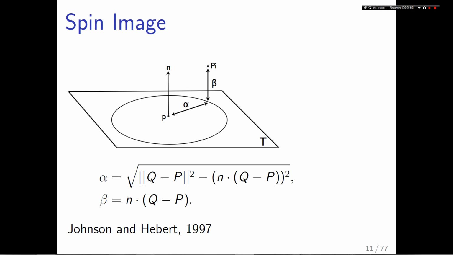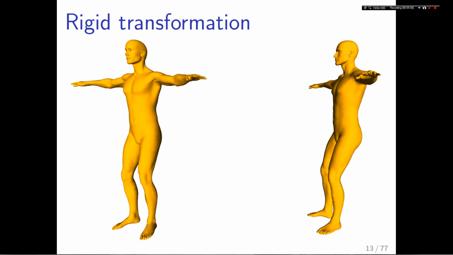So we can see in this figure that alpha and beta are projections of the Euclidean distance, one to the tangent plane, another one to the normal direction, and it's suitable for rigid registration. However, not all these Euclidean distances can be used on another type, for example, isometric deformation.